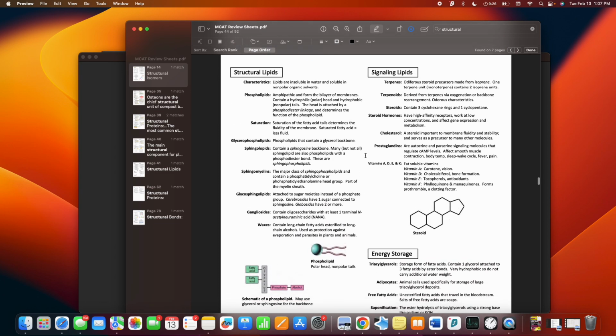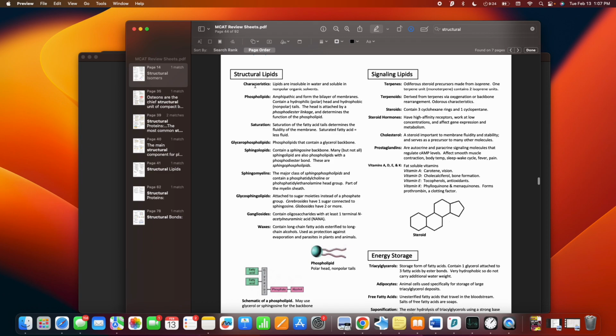So we have structural lipids. Their characteristics: lipids are insoluble in water and soluble in nonpolar organic solvents. We need examples, right? Phospholipids are amphipathic and form the bilayer of membranes.